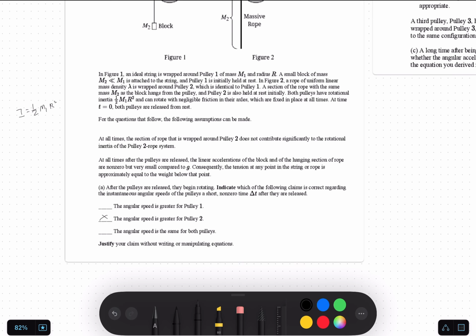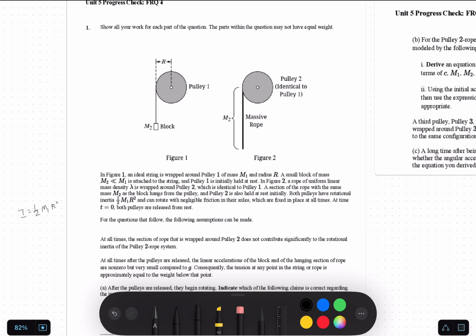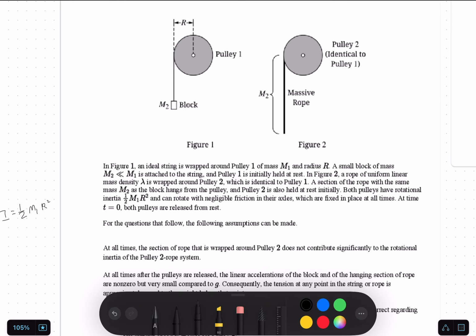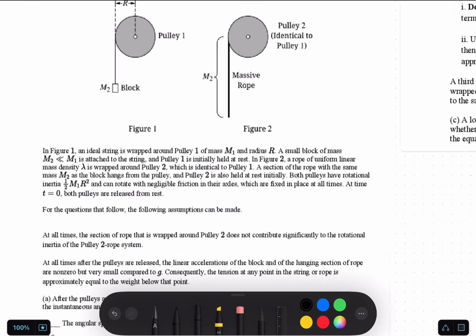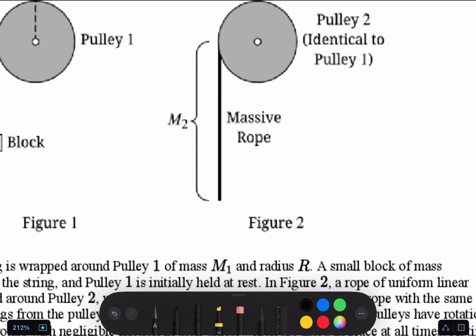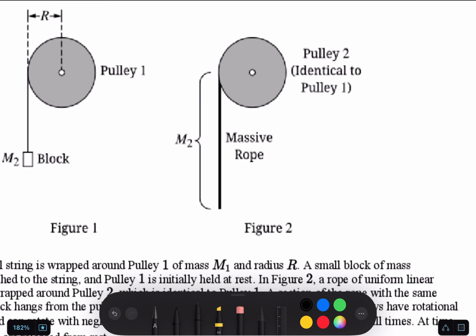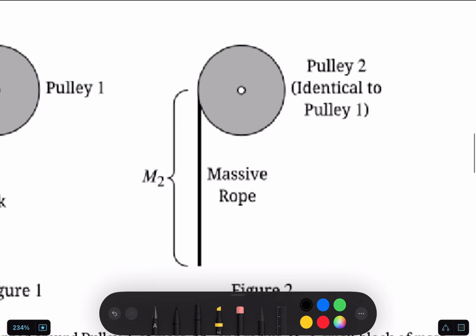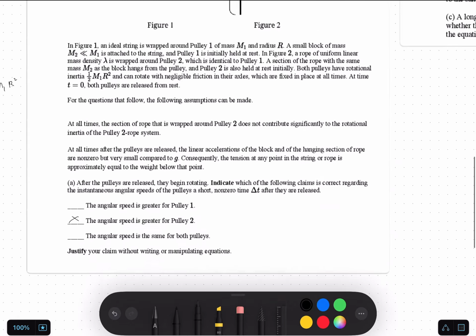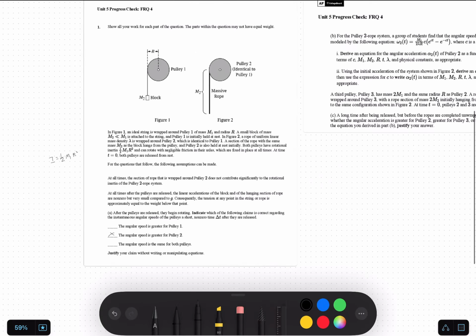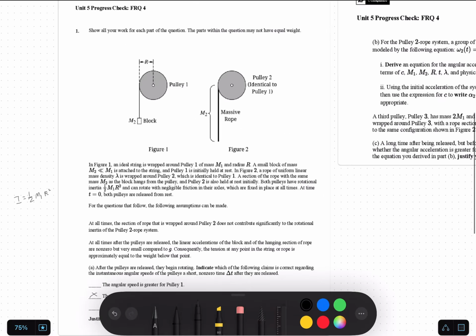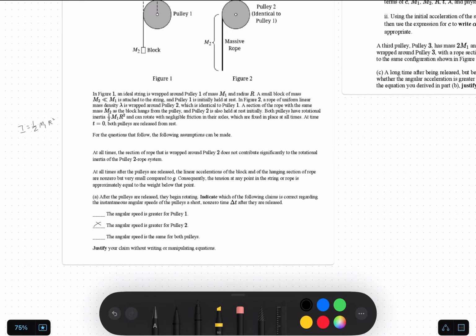So here we have that the angular speed of pulley 2 is greater than the angular speed of pulley 1 because, based off this, the tension at any point in the string is approximately equal to the weight below that. As pulley 2 is being unraveled, the mass of the rope hanging is increasing because of gravity acting on that, whilst pulley 1 has most of its mass already in figure 2.